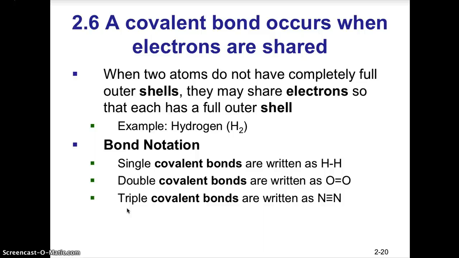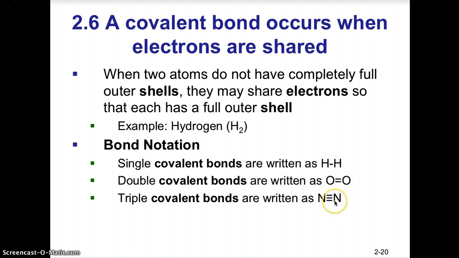There are types of bond notations. Here we see a single covalent bond in hydrogen gas, which is represented by one line, so that means 2 electrons are being shared there. You have a double covalent bond with oxygen gas, O2, and here we see 2 pairs of electrons being shared between atoms.